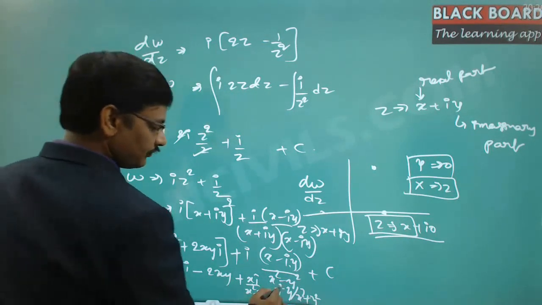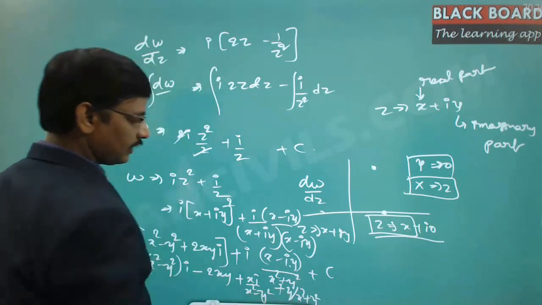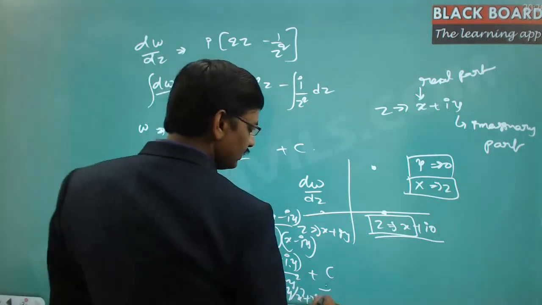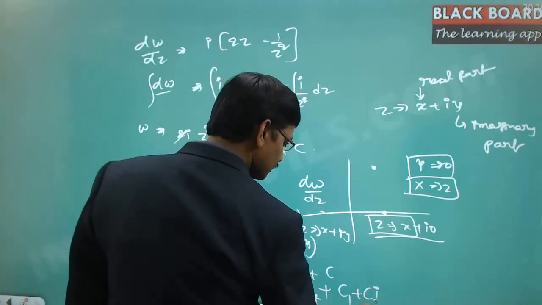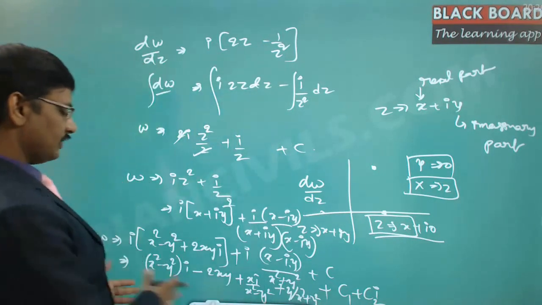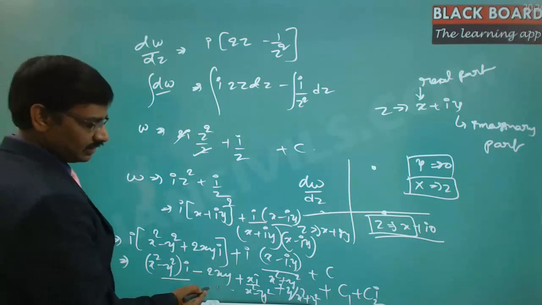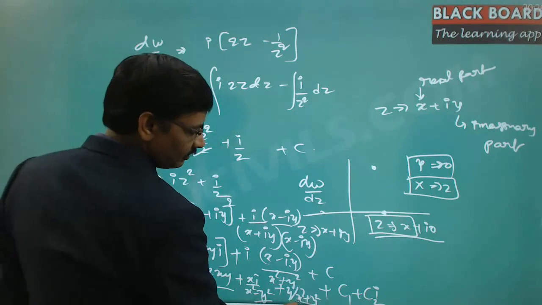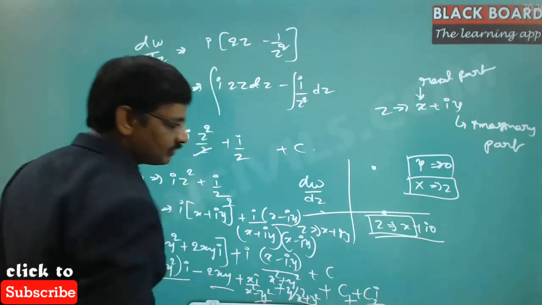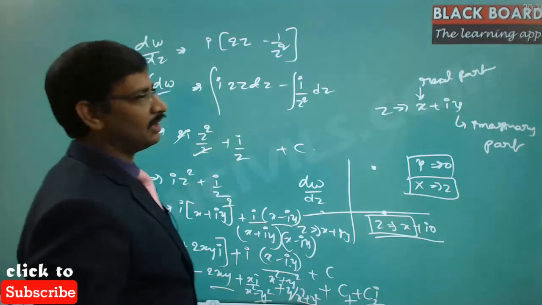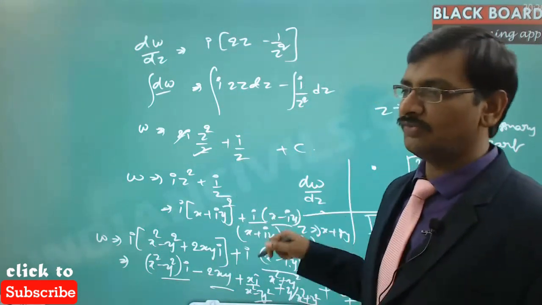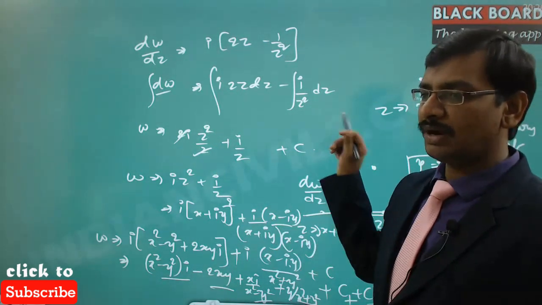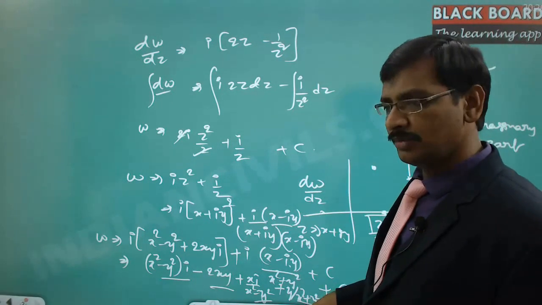This arbitrary constant, you can call as C1 plus i times C2, because this is a complex constant. Now there is an i term here and a real term here, and again a real term and an i term. Separate the real part and imaginary part. The real part will be the function we need to find out, and the imaginary part is nothing but what was given in the problem statement.